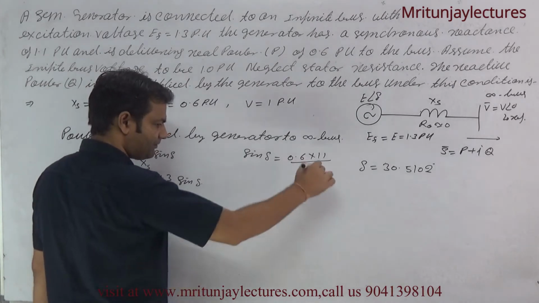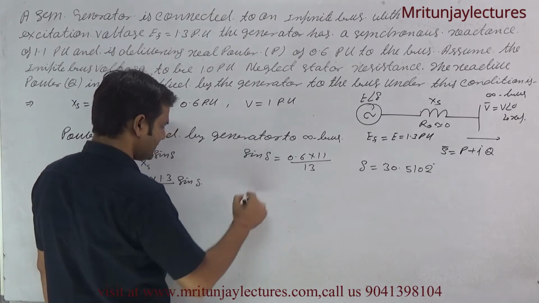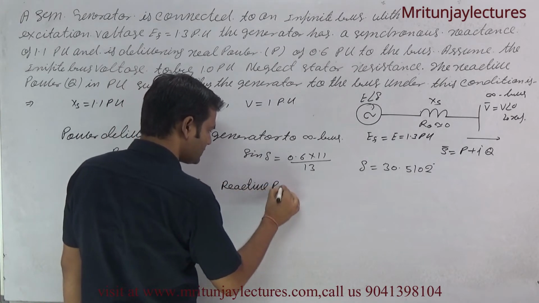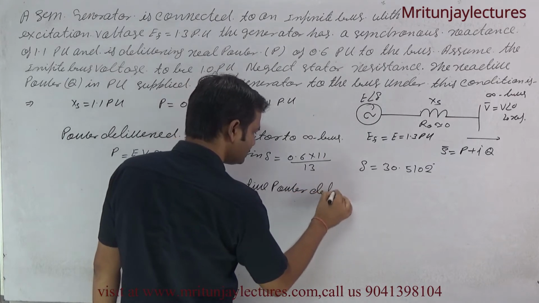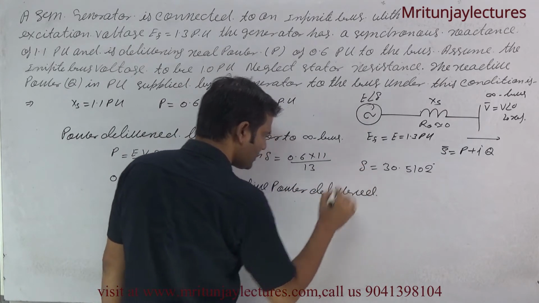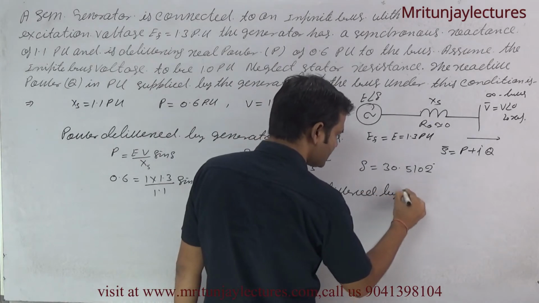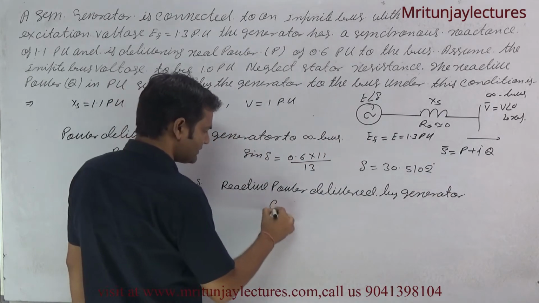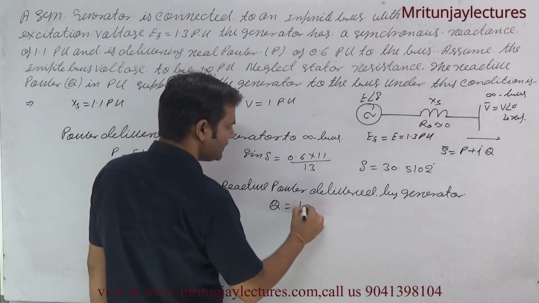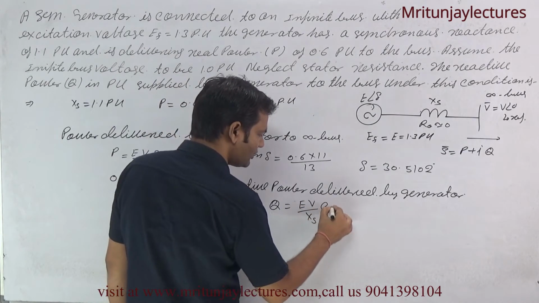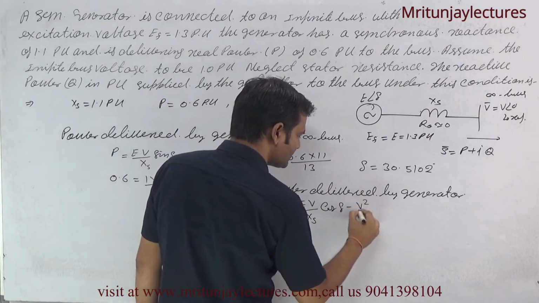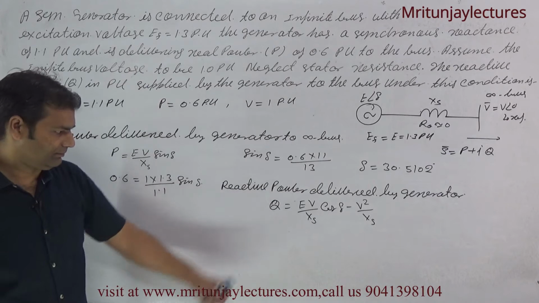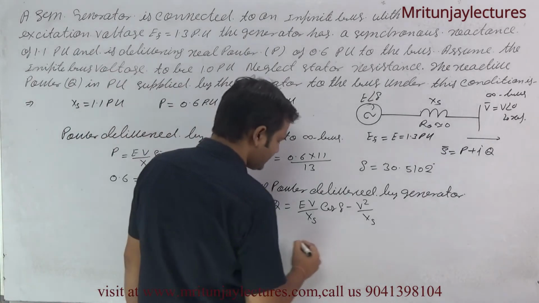Now our next target, our motto, is to determine Q. So the reactive power delivered by the generator, that is Q. Q is equal to EV by X into cos delta minus V square upon X. I have already derived this formula.